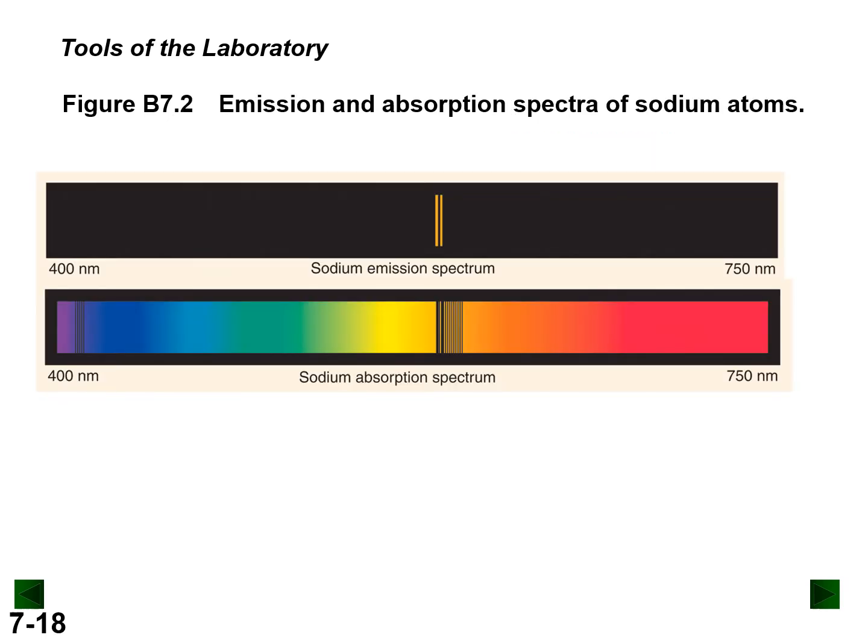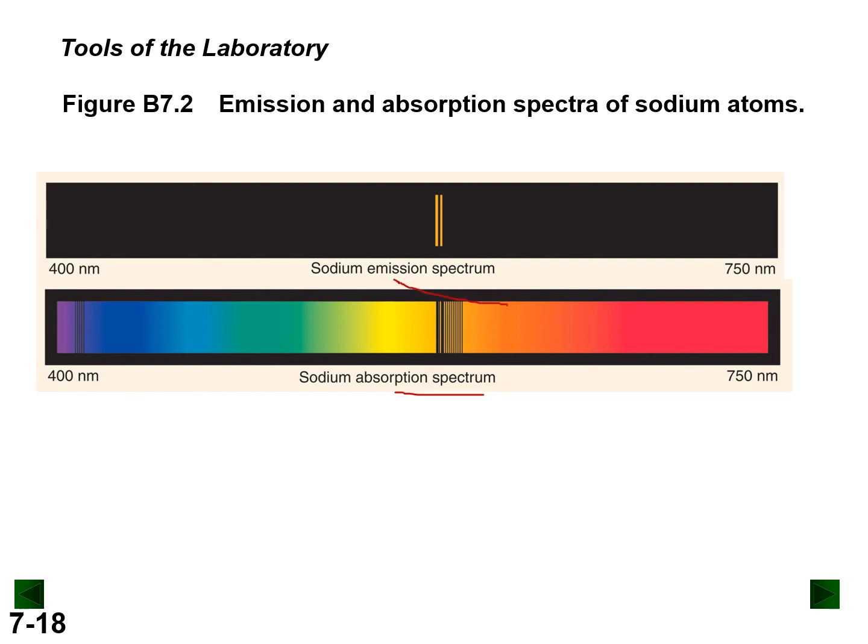Actually, the type of spectrum given off depends on the objects involved. For your information, there are three types of spectra: continuous spectra, which we learned from the previous slide, emission spectra and absorption spectra. As we can see from this figure, what's the difference between emission spectrum and absorption spectrum?